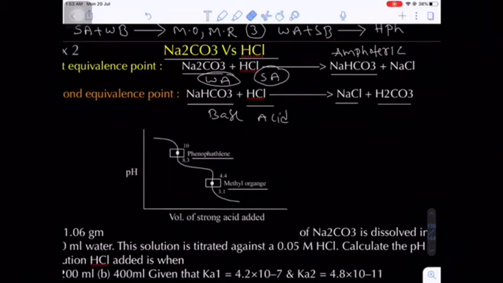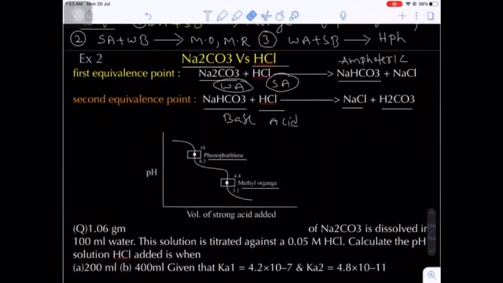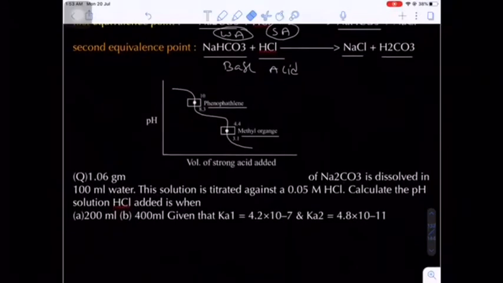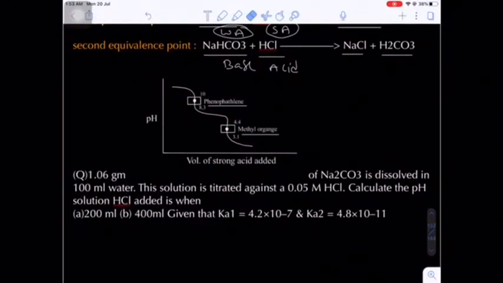Okay, so these are the two important indicators we are using in this titration between sodium carbonate and hydrochloric acid. So this is called double indicator titration. We will discuss it in another topic, the double indicator titrations.